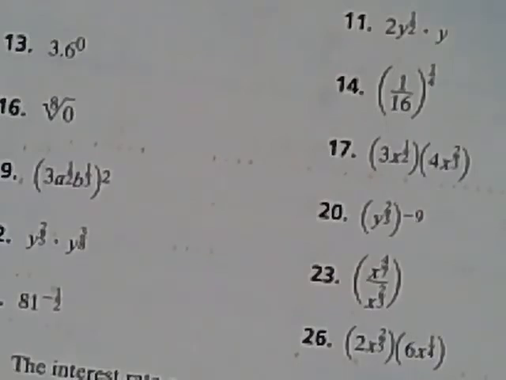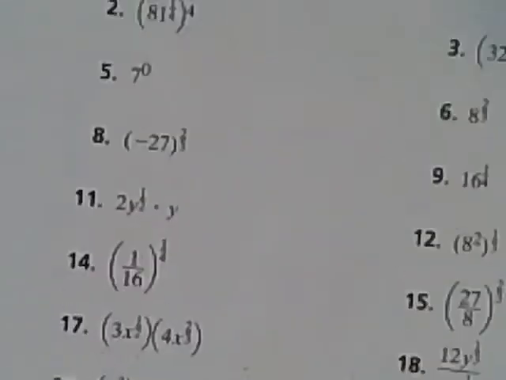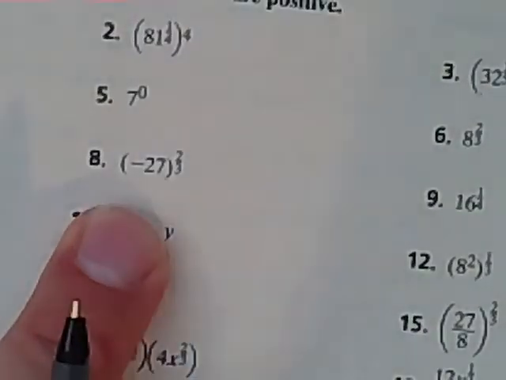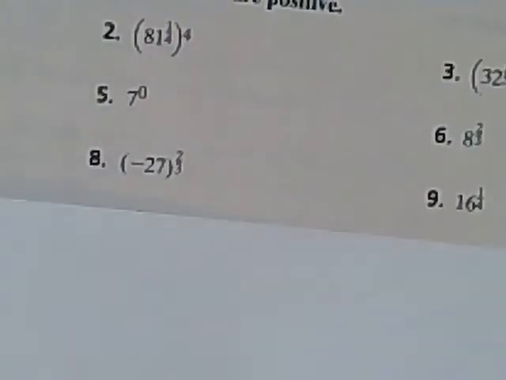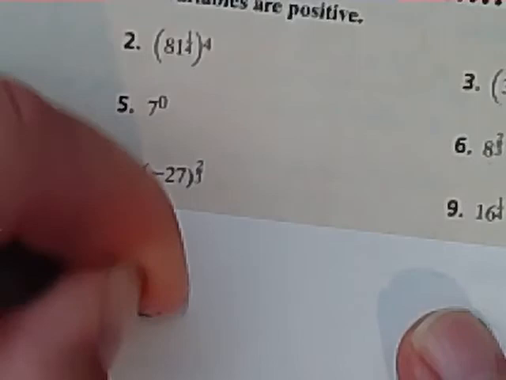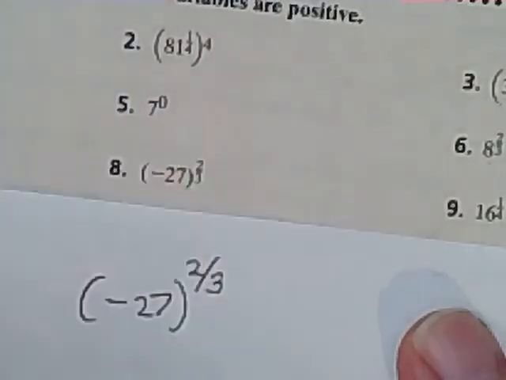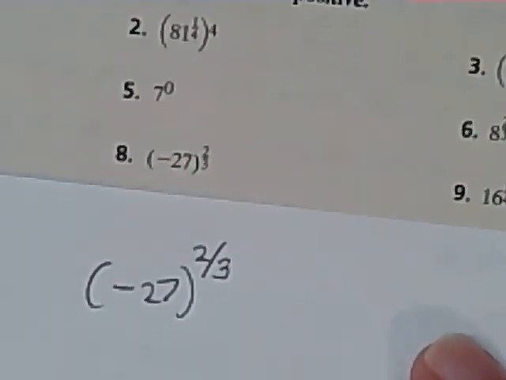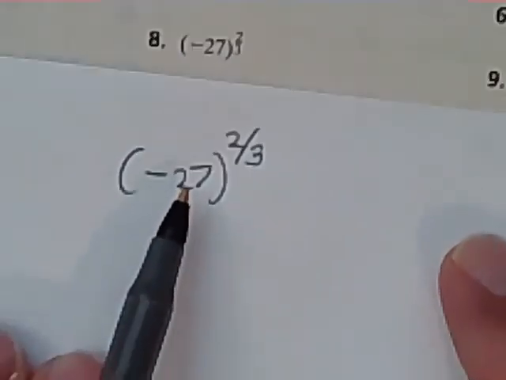How would I do number 8? Number 8. Negative 27 to the 2/3 power. Okay, well, we know that 27 is 3 cubed.